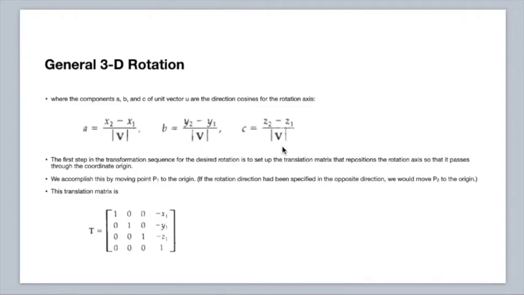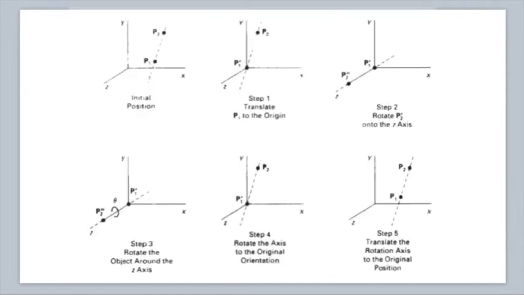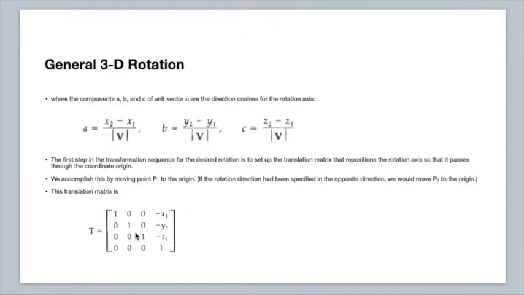We accomplish this by moving the point P1 to the origin. We've already seen this here. So you move P1 to the origin so that the rotation axis passes through the origin. For that you are performing the translation.